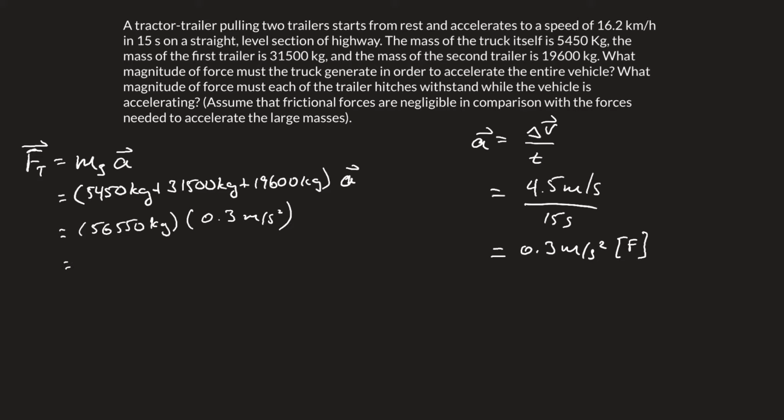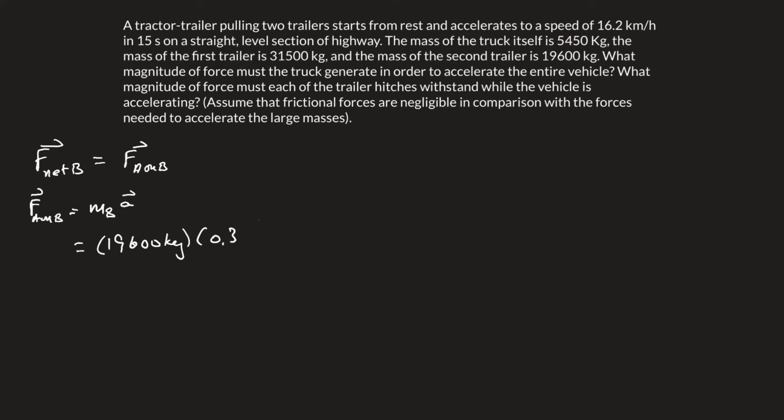So the mass of B, 19,600 kilograms, times our acceleration, which we calculated on the previous slide, 0.3. That leaves us with 5,880 newtons. What that means is therefore the force that the second hitch must withstand is 5,880 newtons.